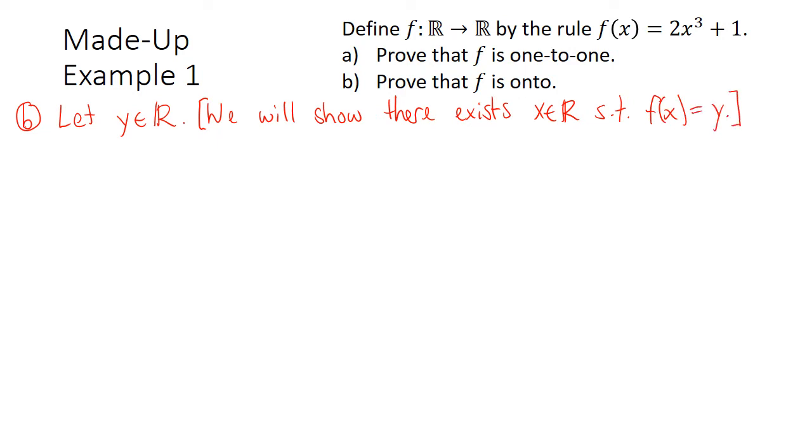This is a little bit challenging because you have to find x in terms of y. And so you're going to need to do some scratch work. I will caution you that this scratch work is not part of the proof. It's just scratch work, like on a separate sheet of paper.